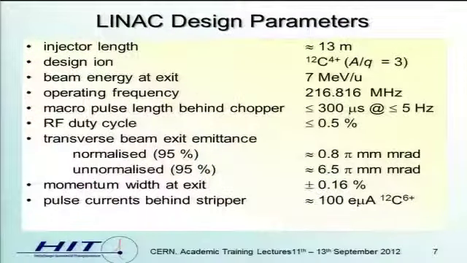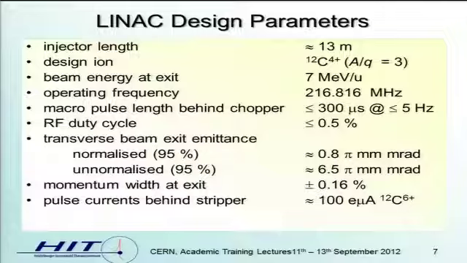For the overall design parameters, I will go only into a few. The injector length is about 30 meters. A over Q is normally 3. This is a design ion, but we can also go down to A over Q equals 2. But normally it's 3. Beam exit energy is about 7 MeV, 12% of the speed of light.